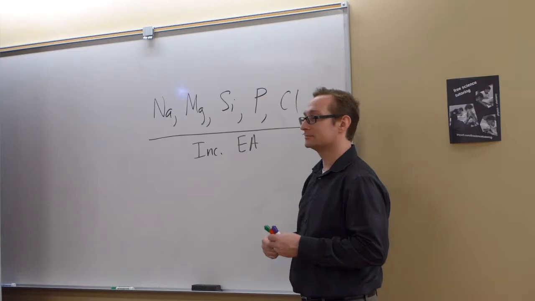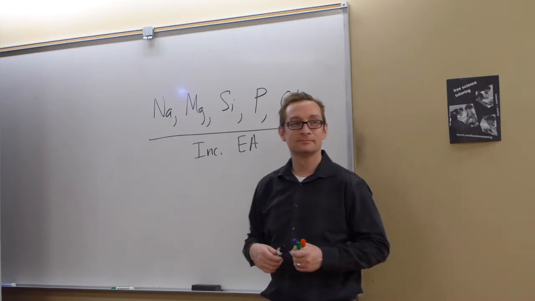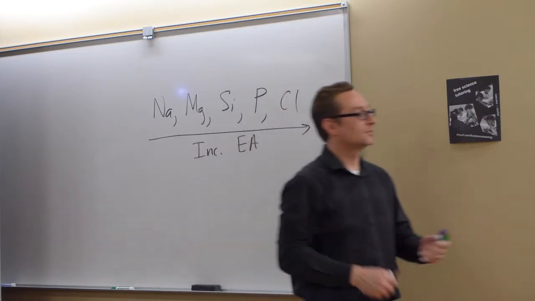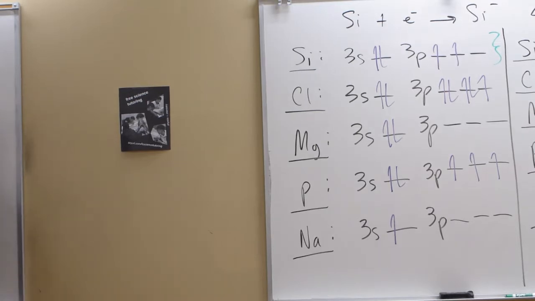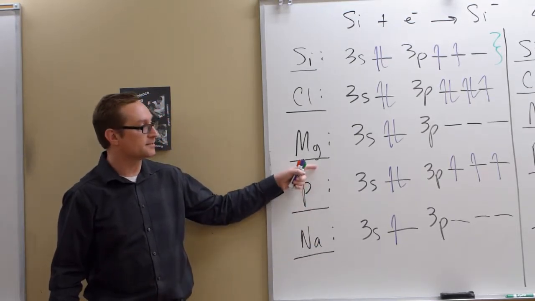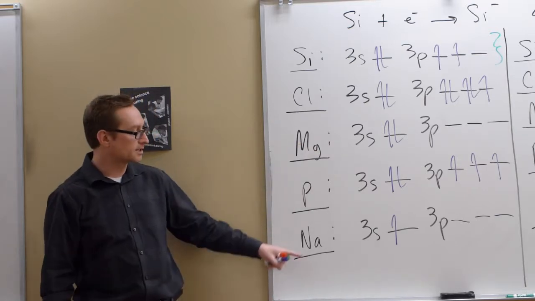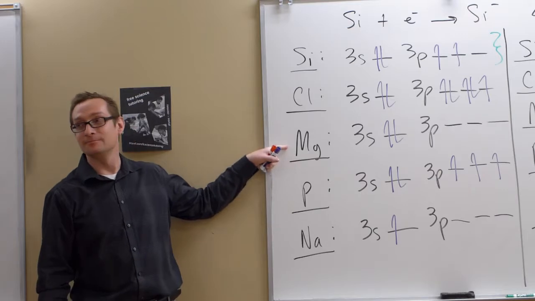How are they out of order? Well, let's look at this. So if we compare sodium and magnesium, does sodium want an electron more than magnesium does, based on the half shell, full shell rule? Which one wants an electron more, sodium or magnesium?